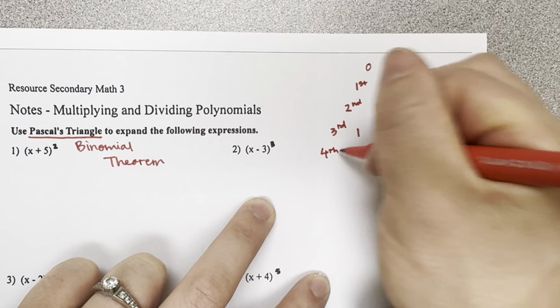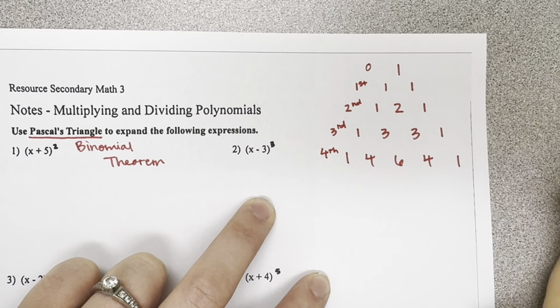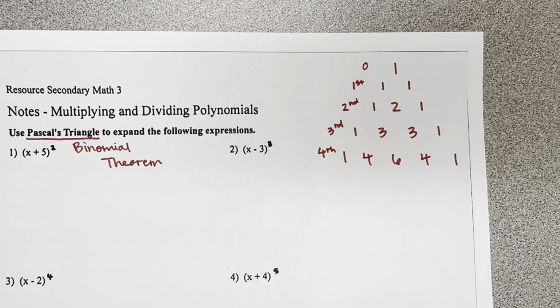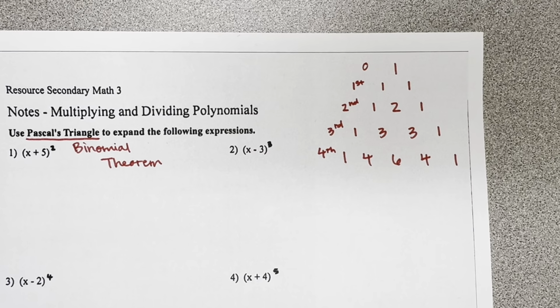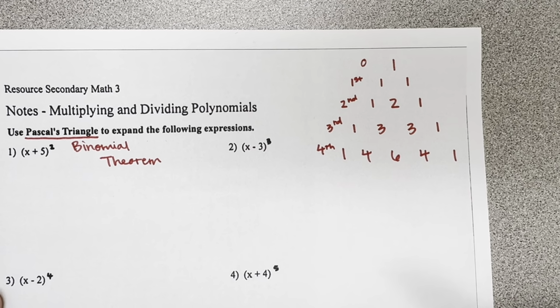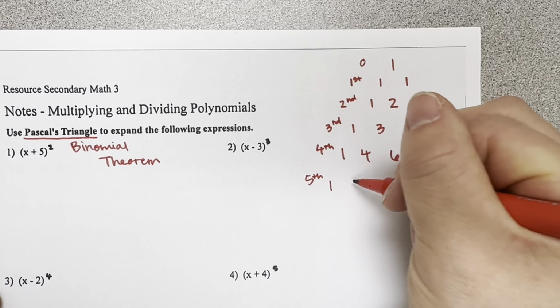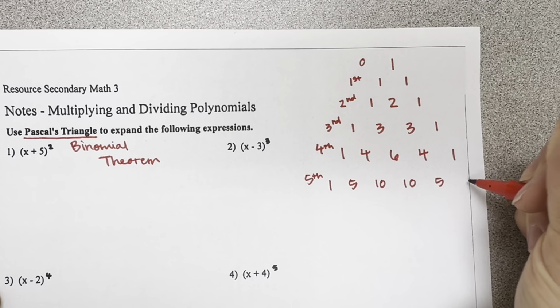Fourth power would be 1, 4, 6, 4, 1, and so on and so forth. You could keep finding the rows using that little pattern. You just add up the numbers on top of it, okay? But actually, we do have a fifth, so I'm going to go to the fifth, just so we have that. 1, 5, 10, 10, 5, and 1.